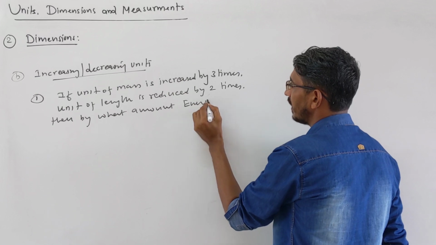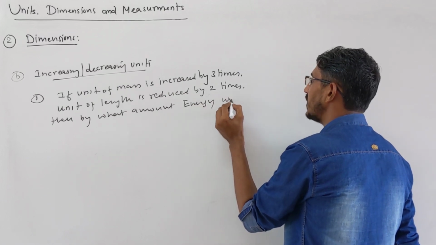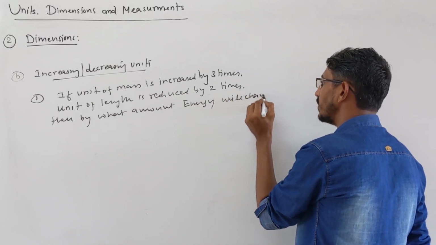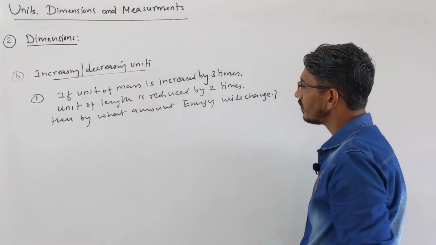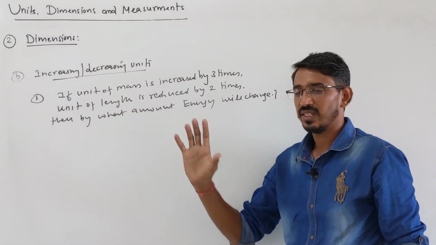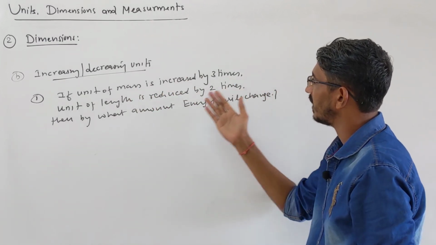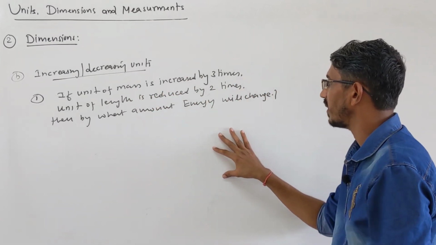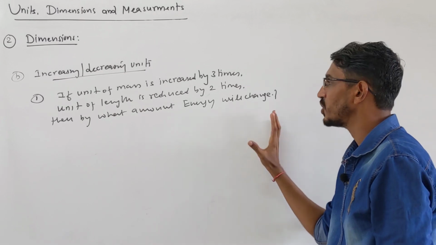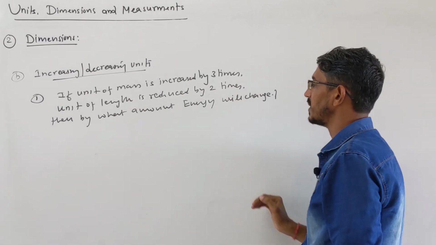Anything can be asked here. This is the question. Mass unit is increased by 3 times, length is reduced by 2 times, then by what amount will energy change? So what we do is very simple.